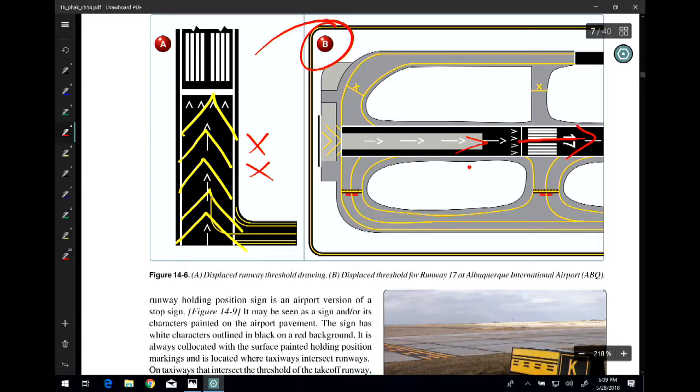The only thing this piece is here for is for an emergency overrun coming from the other direction. So those big yellow chevrons, you don't taxi on them. That is not for any movement unless it's an emergency coming the other way. All right? So there's that. Now, next question.